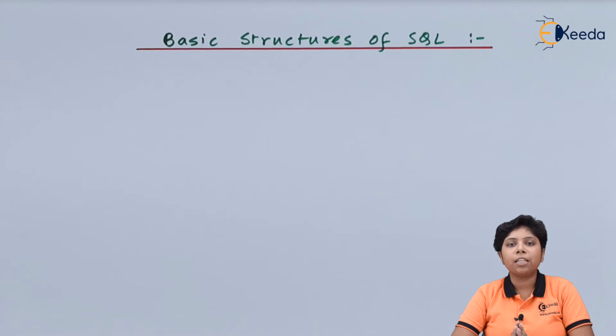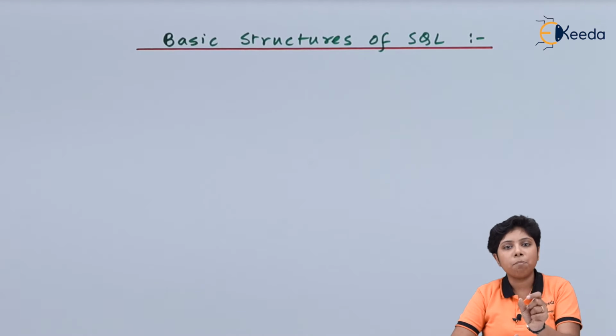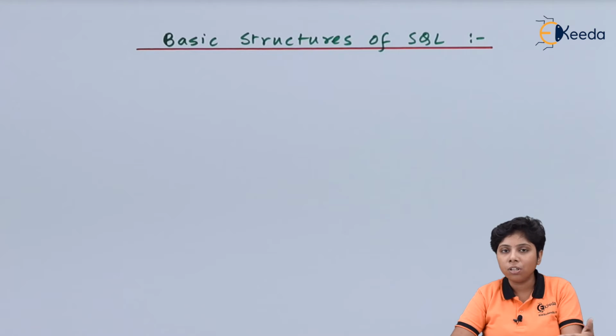The first and foremost clause used in an SQL query is the select clause. The select command or clause is used to get a number of attributes or all the records in a relation.